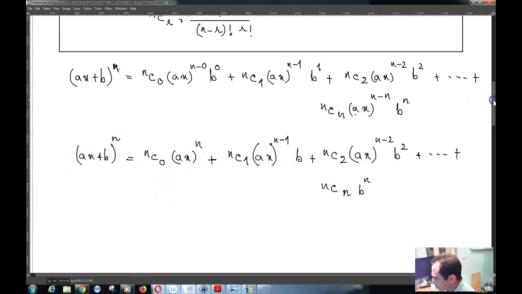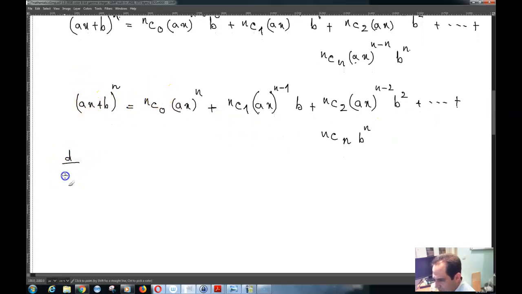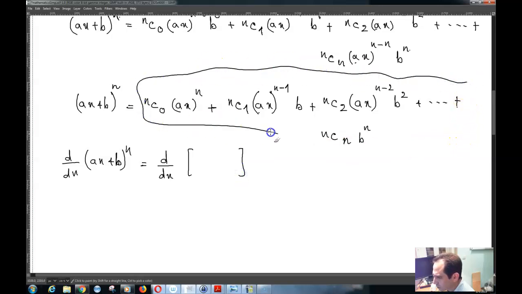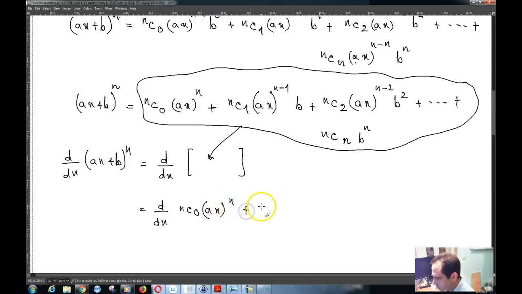Now if I want to take the derivative of ax plus b raised to the power n, I'll have to take d by dx of this whole thing over here, which would be the derivative of, for example, n combination 0, ax whole raised to the power n, plus d by dx of n combination 1, ax raised to the power n minus 1, plus all the way up to d by dx of n combination n, b raised to the power n.